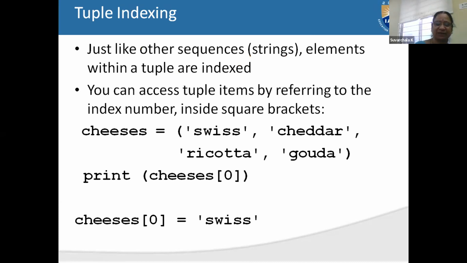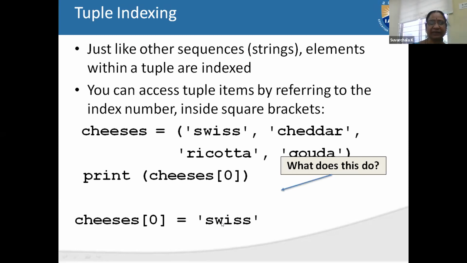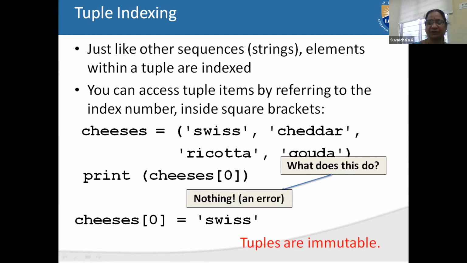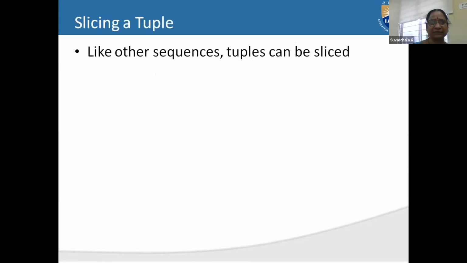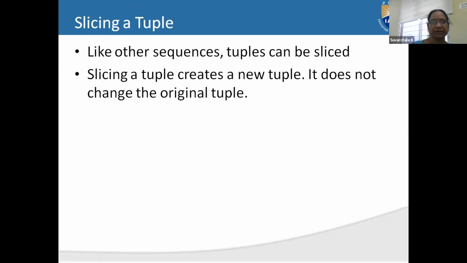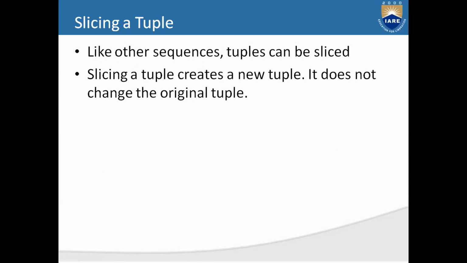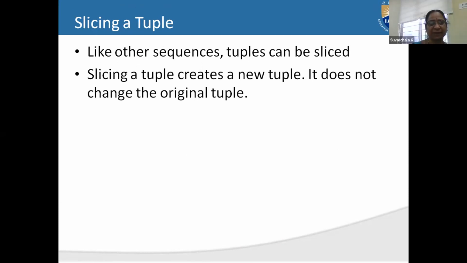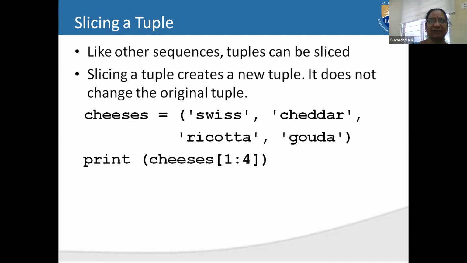As I explained previously, assigning or changing the value of a particular element is not possible because tuples are immutable. In a list, indexing starts from which number? From 0 onwards. Even in a tuple indexing starts from 0. If n items are there, indexing goes up to n-1.